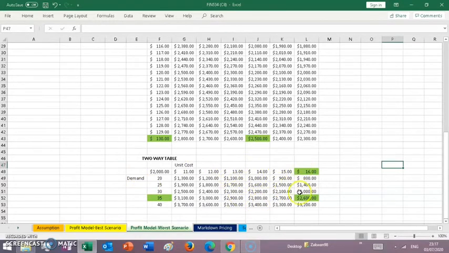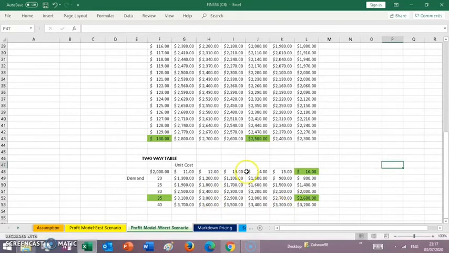At this test, I don't need to change my unit cost, and I just need to add more demand for the month, which is 35 unit for a month in worst scenario, so I can pass the target, which is 2600.